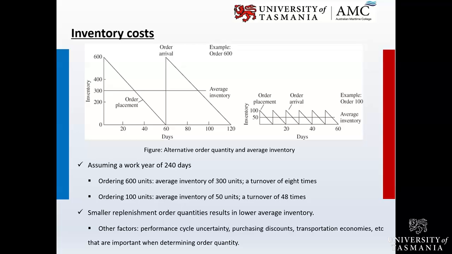It shows the size is 600. We look at the horizontal axis. It shows 600 units will be used up in 60 days. And there are 240 days, so it means the company has to make orders 4 times.